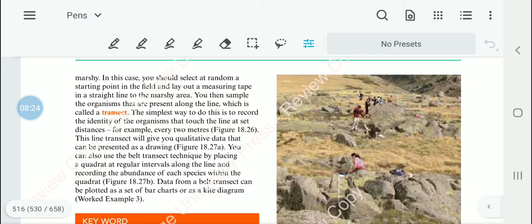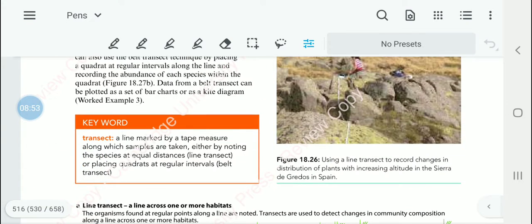Leave a line and write: there are two methods. First is sampling the organisms along a straight line at set distances. This is known as a transect. Put a dash and write down line transect.